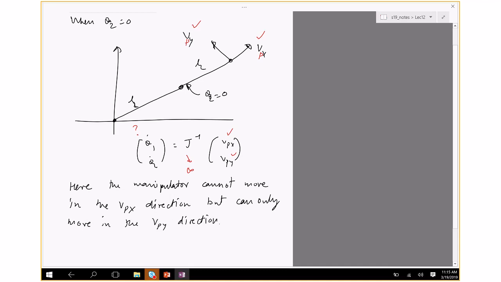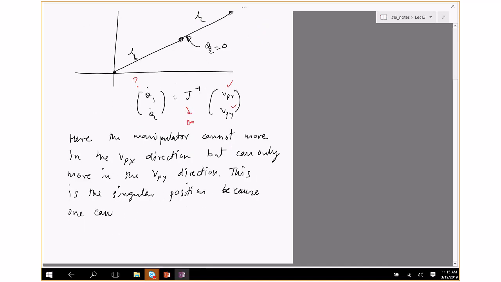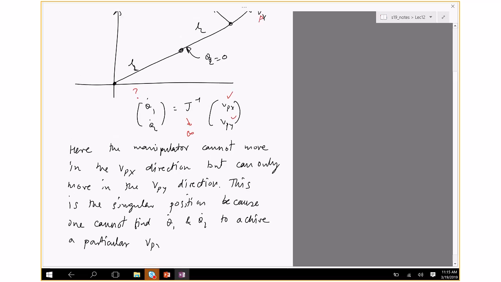And this is the singular position because one cannot find theta 1 dot and theta 2 dot to achieve a particular VPX. So it tries to set up infinite speeds.